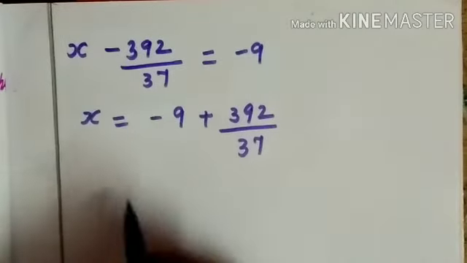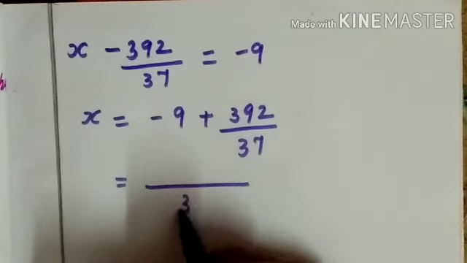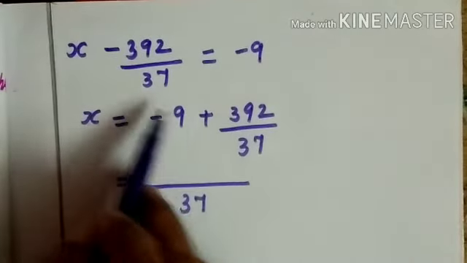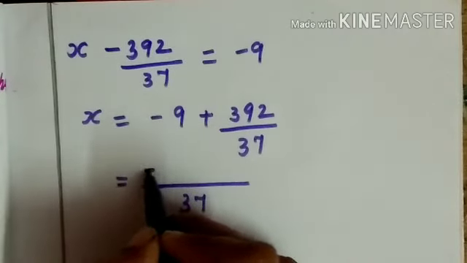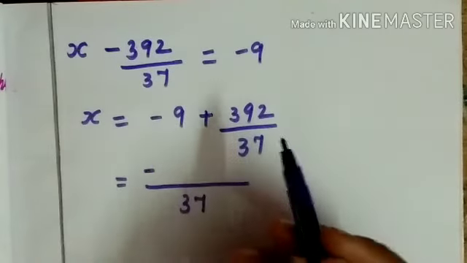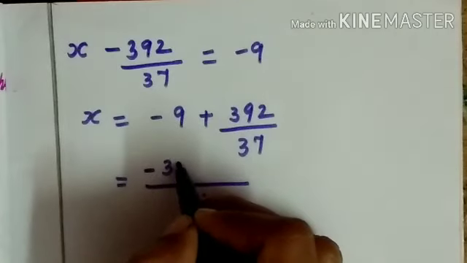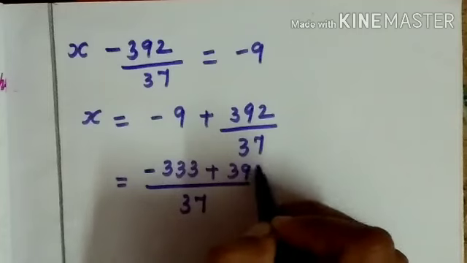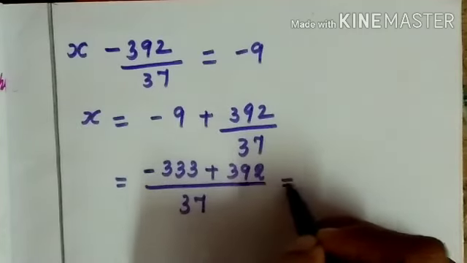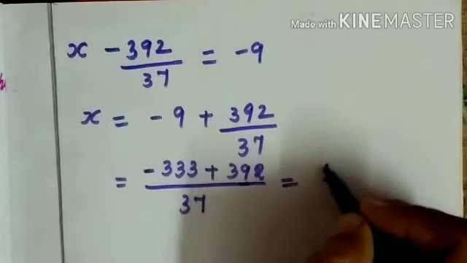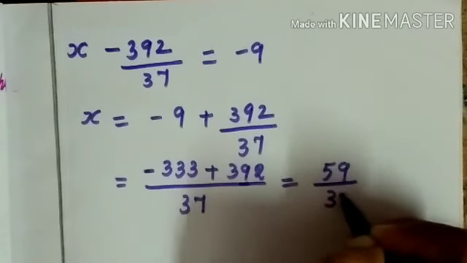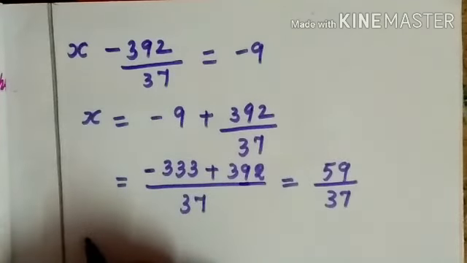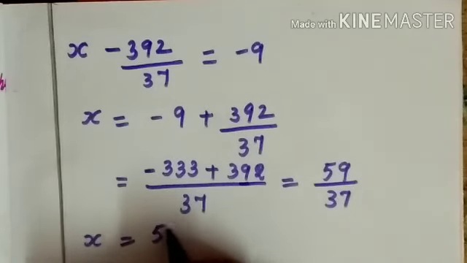Now you take LCM, 37, minus 9 into 37 is minus 333, plus 392. Now you have to simplify this, means we get 59 by 37. Hence the value of x is 59 by 37.